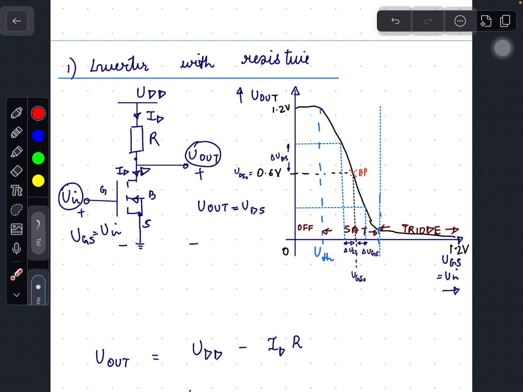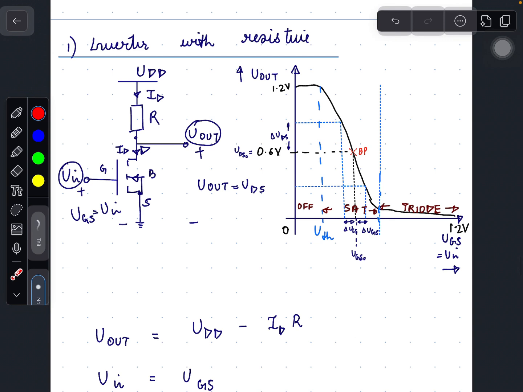Digital circuits use the off region and the triode region of the MOSFET, whereas in analog design we use the MOSFET in the saturation region, where we get amplification. So generally we bias the circuit by selecting the R value and UGS value such that the output voltage is always at UDD by 2.